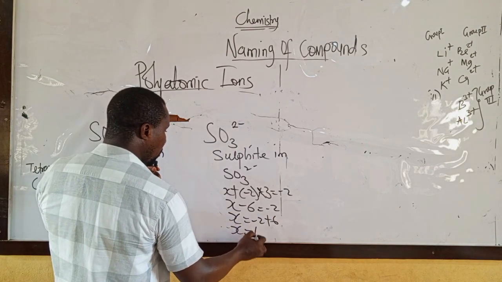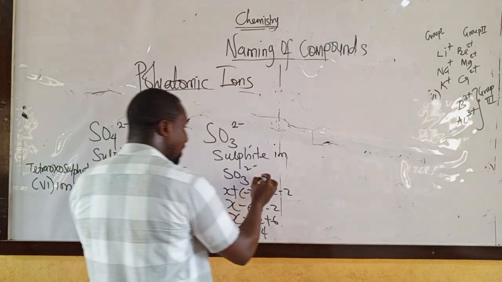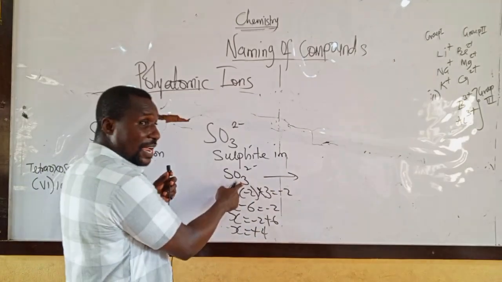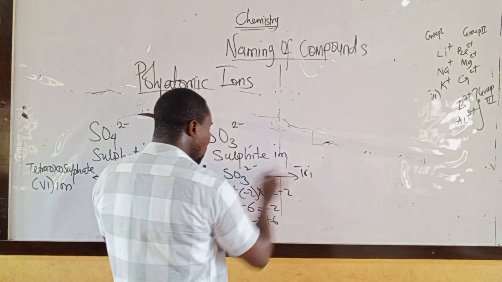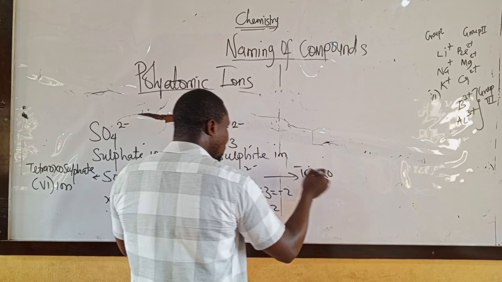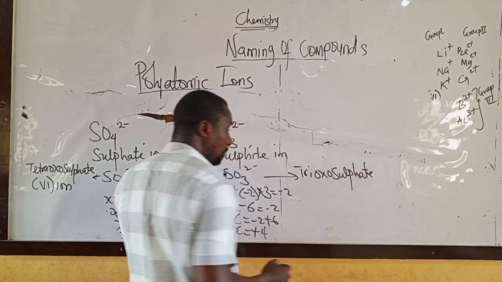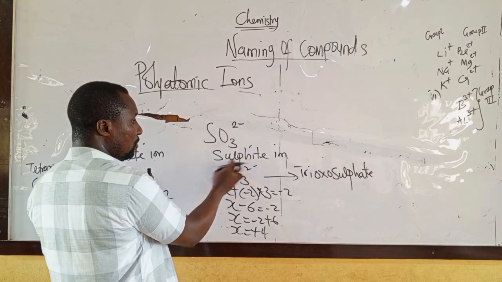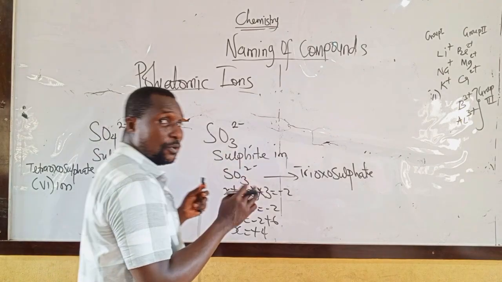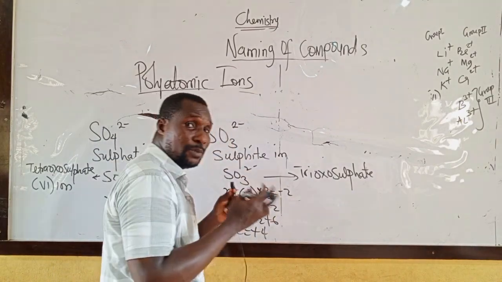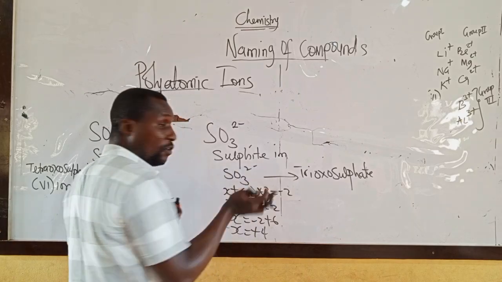S equals plus 4. What is another name for this? 3 is tri. Trioxosulfate, it will be ATE. I told you it will be ATE. It's only for the short name that we use ITE, but for the IUPAC, when you are using prefix, we use ATE for both.